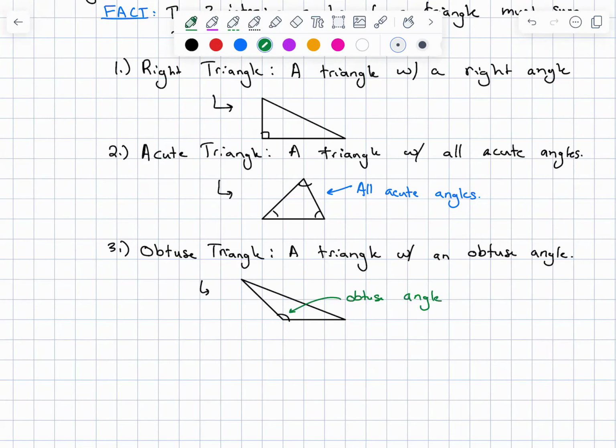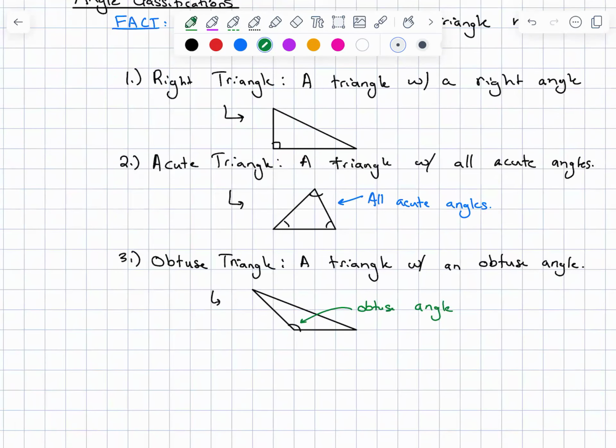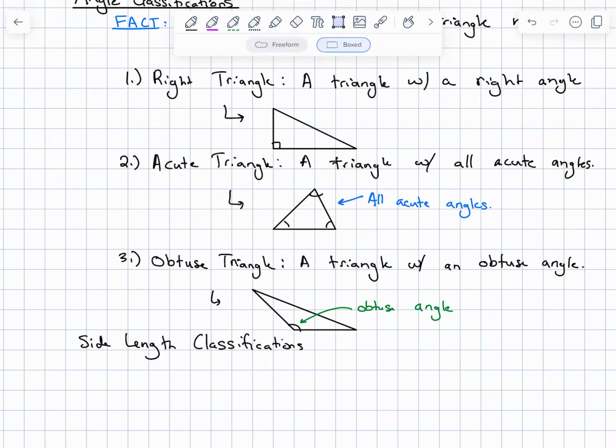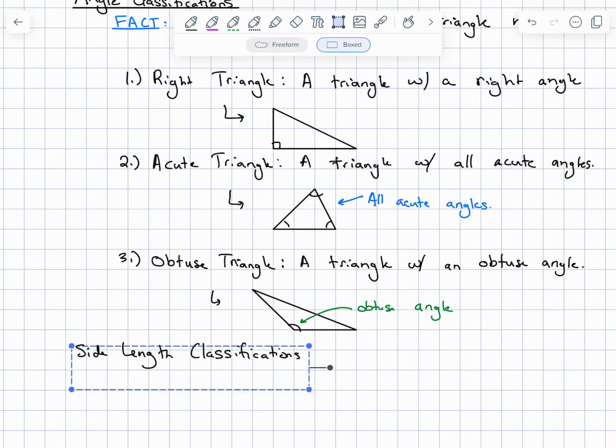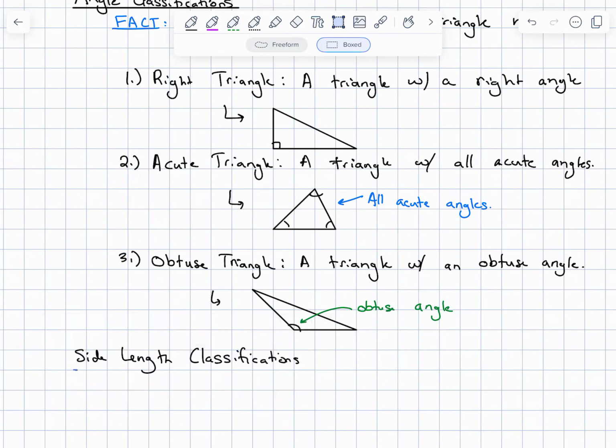So we now have the side length classifications. Any questions so far?